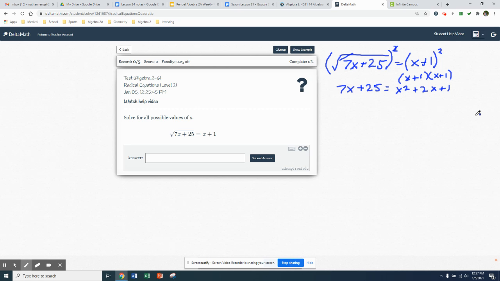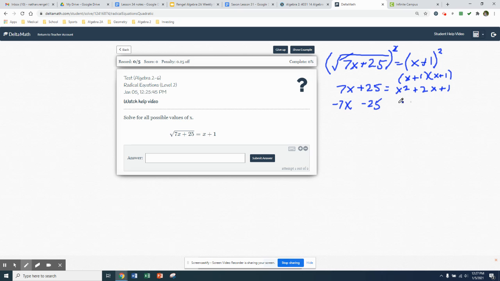Now what we did there when we FOILed is we've now changed this into a quadratic equation. So we have that x squared. And x squared quadratic equations are going to have 2 separate solutions. So we are going to go ahead and solve out, find both of those separate solutions. To solve a quadratic, this is going to review what we started talking about in chapter 4 and 5. We're going to get everything set equal to 0.